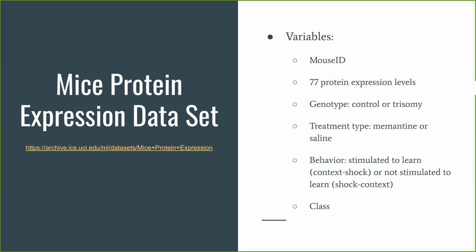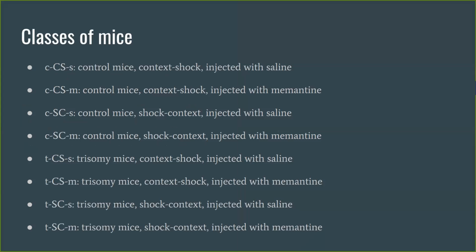For behavior, some mice have been stimulated to learn, which is CS, and others are not stimulated to learn, which is represented as SC. The last variable is class. These are the 8 classes of mice described based on the genotype, the behavior of the mice, and the treatment types.